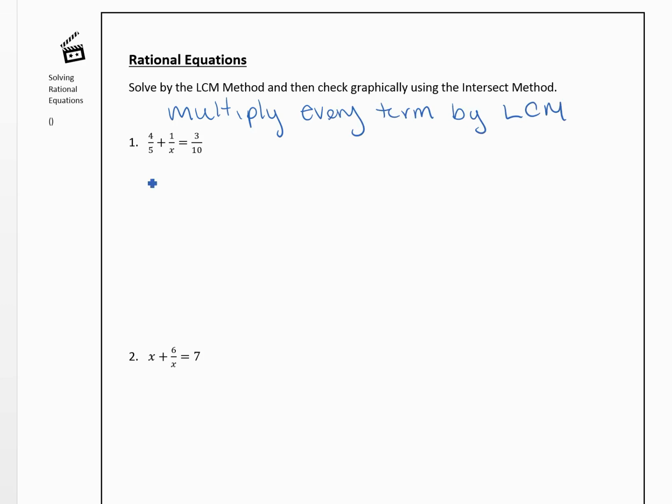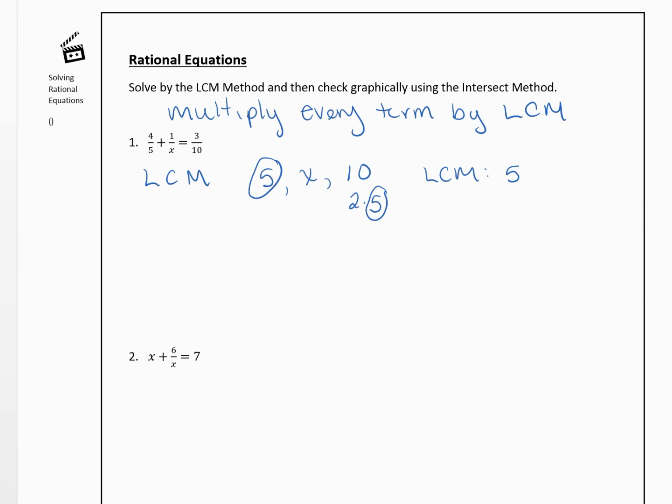So here, first, we need the least common multiple of 5x and 10. Now, 5 and x are prime things. There's nothing that goes into them. But 10 is 2 times 5. So when we're making our least common multiple, we know we're going to need a 5, and that takes care of this 5 and this 5.